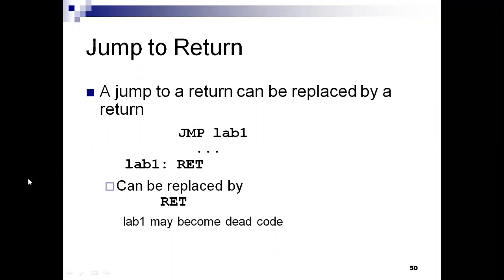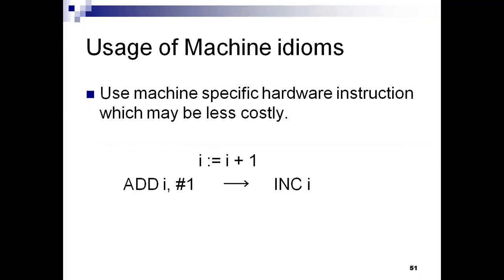So now label 1 may become dead code here. And you all know what the dead and live codes are. Never used, those can be called dead. If we are using those variables or that code, we call that a live code.